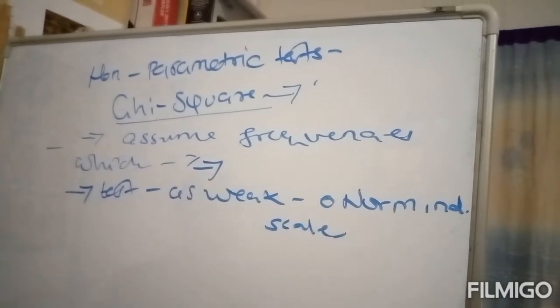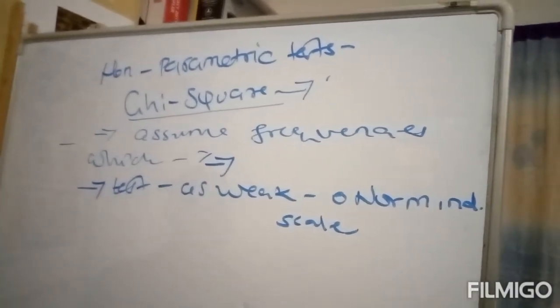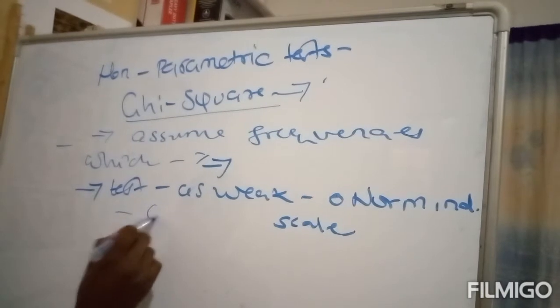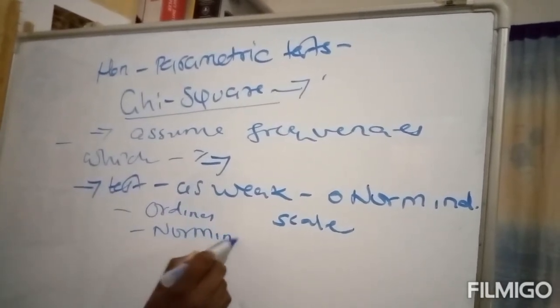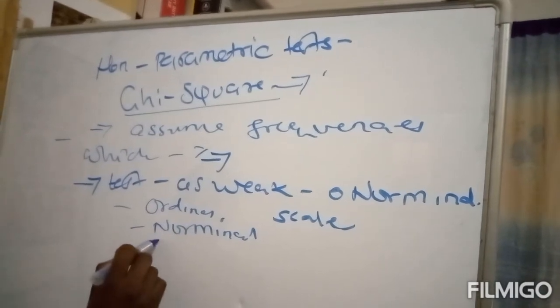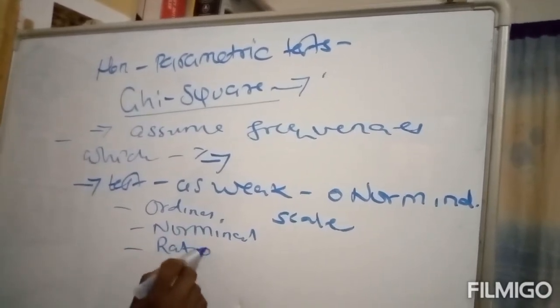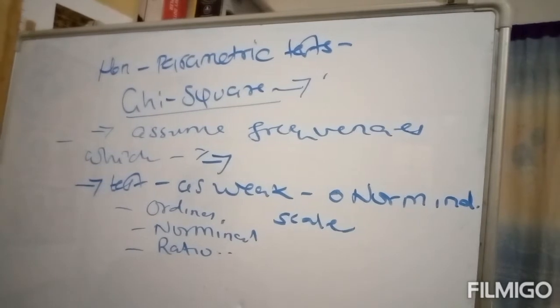I want to believe that you understand the scales of measurement, whereby you start with the nominal, the ordinal, the ratio, then we have the other one.